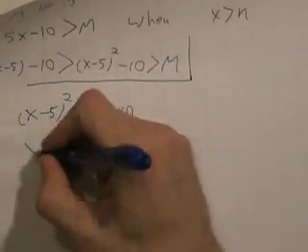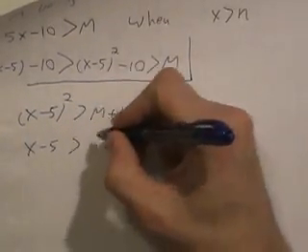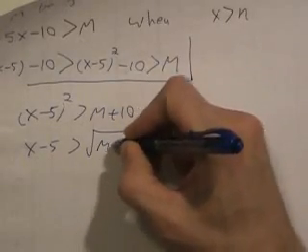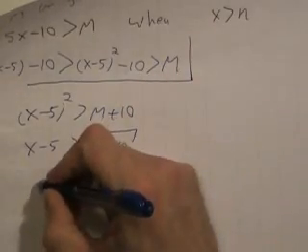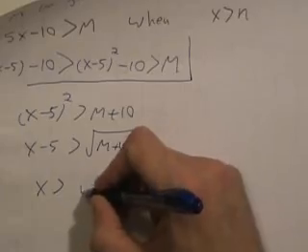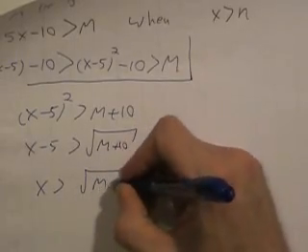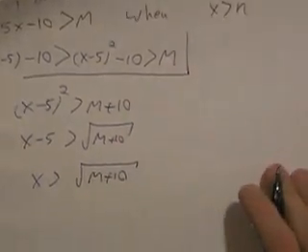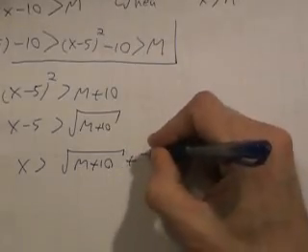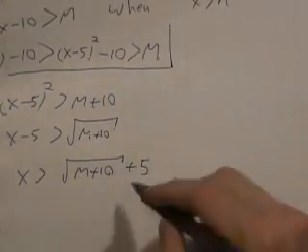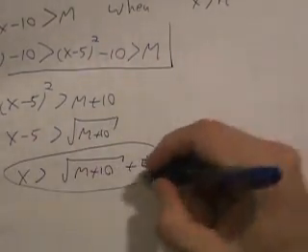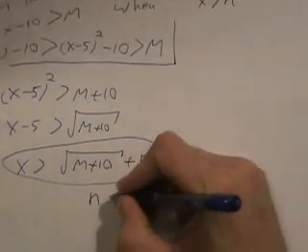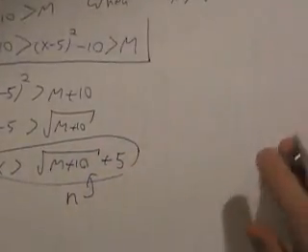And then we take the square root, x minus 5 is greater than radical m plus 10. And then x is greater than radical m plus 10 plus 5. So that's it. This is where we start now. We let this number be n.